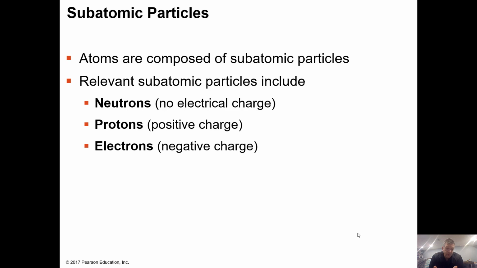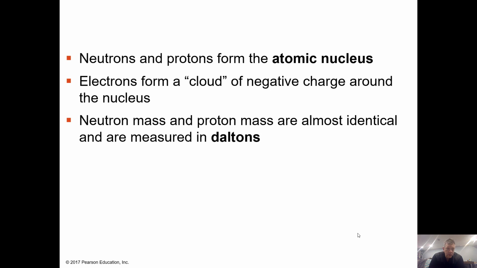We have protons, which are positive, and electrons, which are negative. The protons and the neutrons have the mass, which you may remember from the activity, and electrons don't really have much mass. You find the protons and the neutrons in the nucleus, and then the electrons are on the outside.